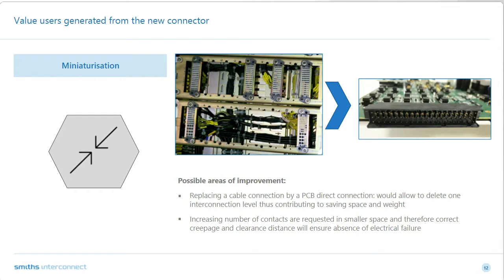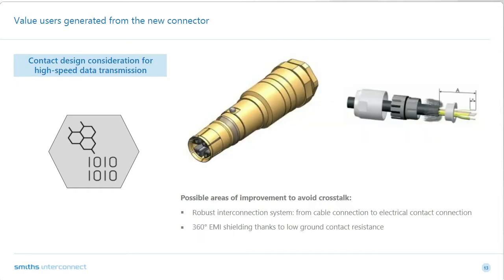Another area that I want to touch upon is the contact design consideration required for high-speed data transmission, because again, this is quite a finer detail that often gets overlooked, because not everyone, but a lot of people we talk to kind of work around the concept of whether it's Cat 5e or Cat 6, and so on and so forth.